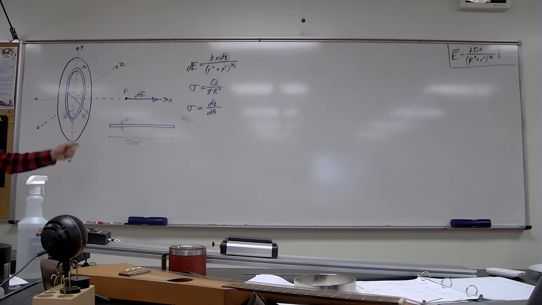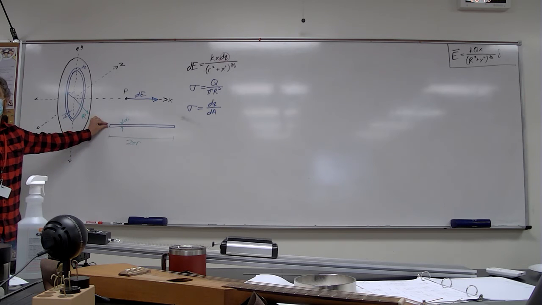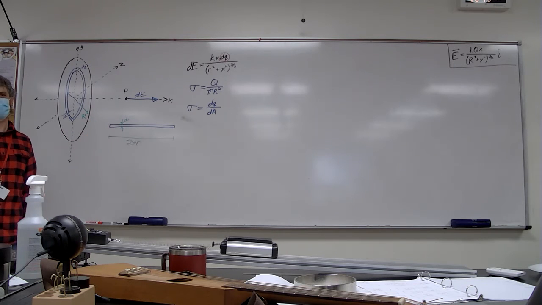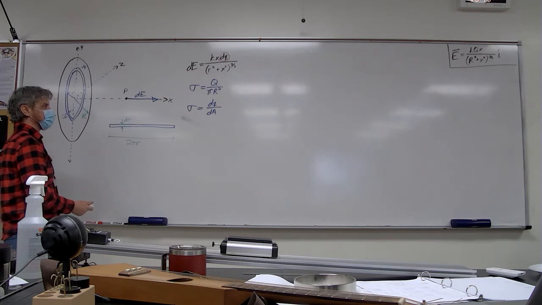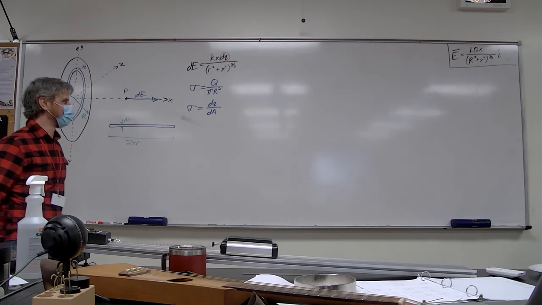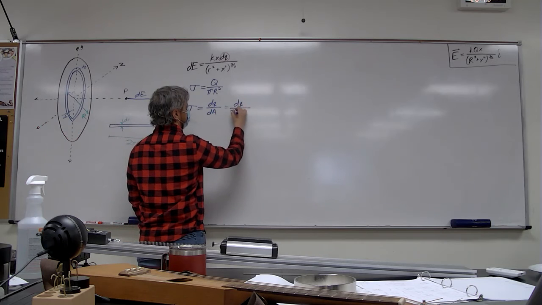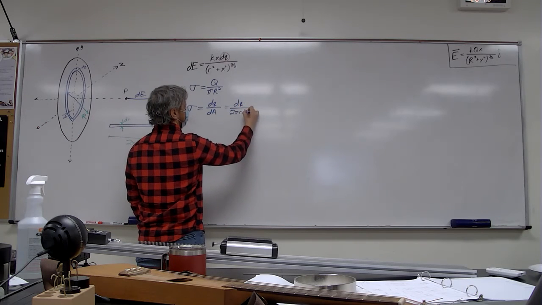Now, if I take a circular hoop and cut it and lay it out, is it going to be a rectangle? No. However, the thinner it becomes, the closer it'll be to a rectangle, and once it's infinitesimally thin, it will be indistinguishable from a rectangle. So this is fine. So dA then becomes what? 2 pi r dr. So it's going to be dq over 2 pi r dr.